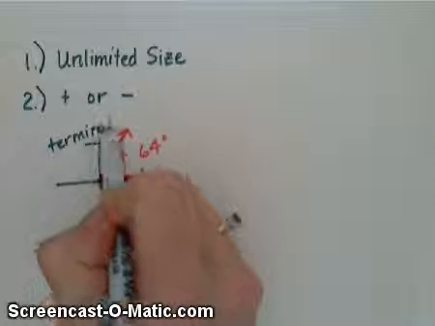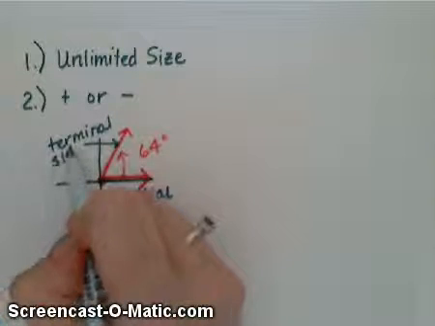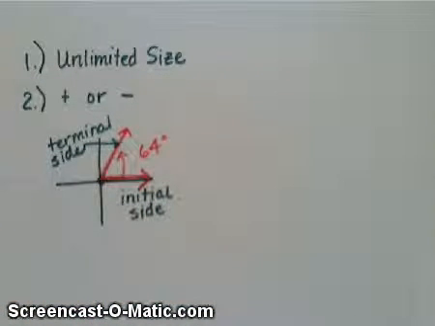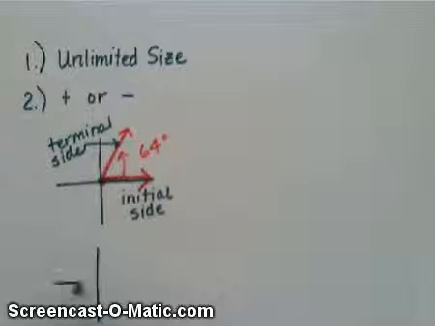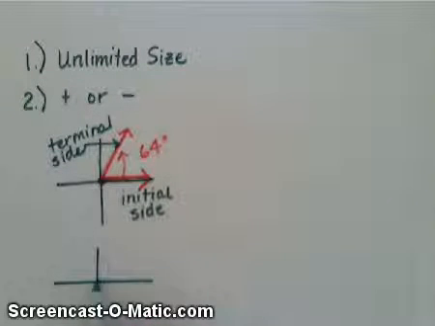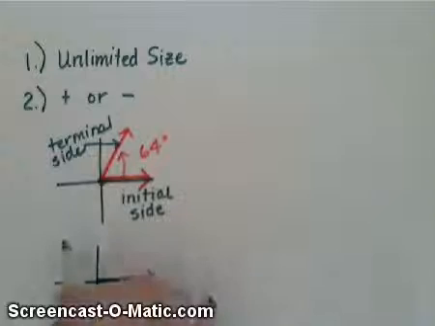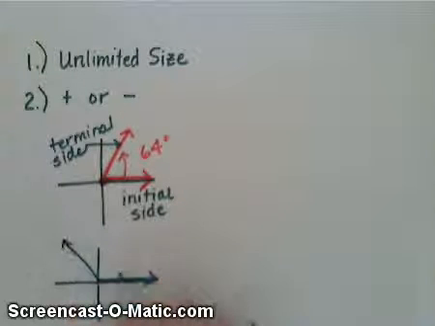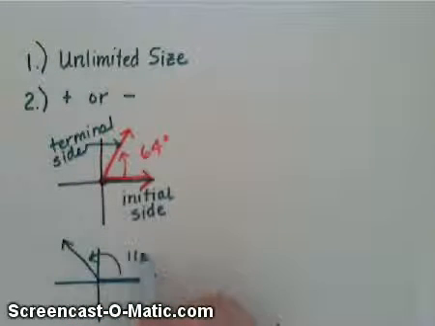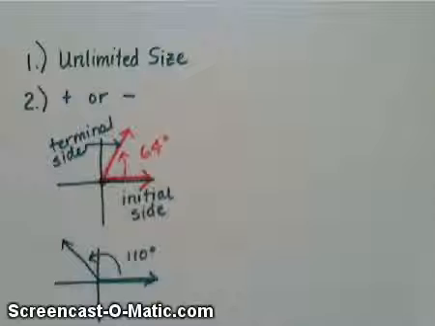Now, this is all well and fine, and so I'm going to draw several of these angles, and you're going to see that for the most part they look exactly like the ones we've been doing, such as if I kept this side here and I rotated this ray like this, and I call that 110 degrees.